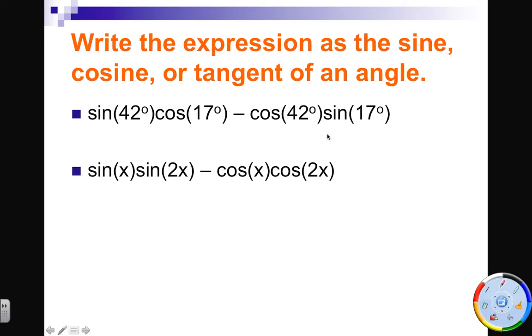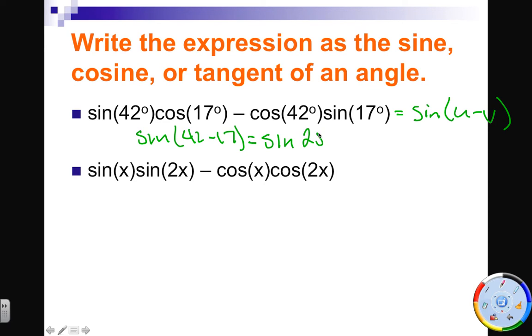And I look at this, and it tells me that it's got to be sine of u minus v. Well, u being the first degree and v being the second degree, I get the sine of 42 minus 17, which is the sine of 25? Well, I can't figure that answer out, so that's as far as we go.